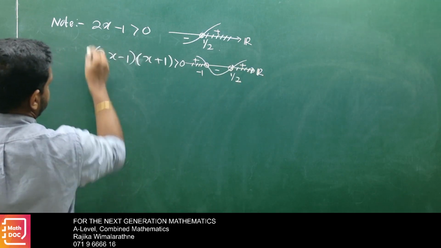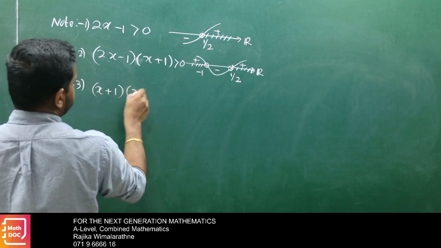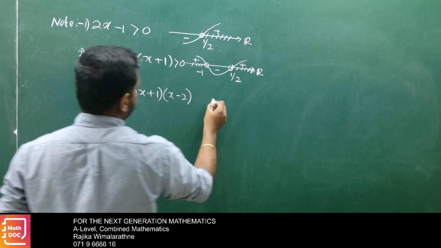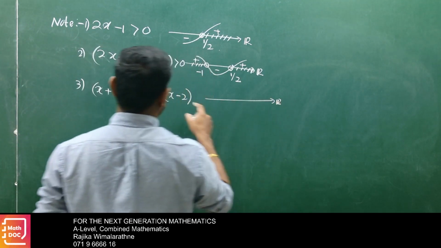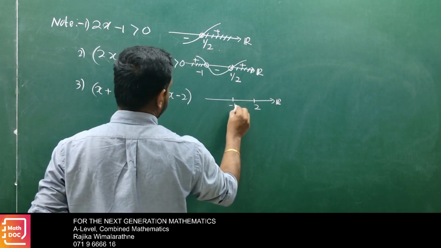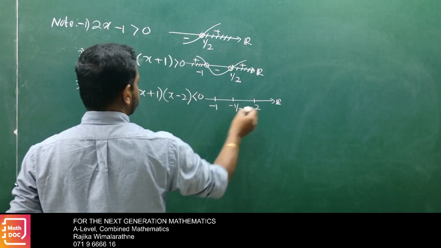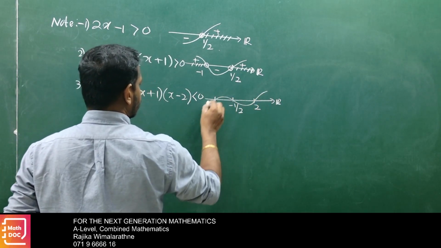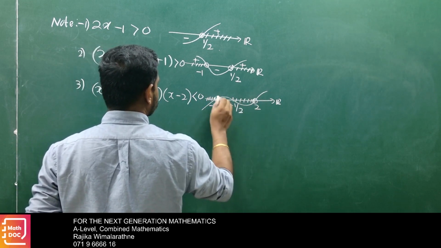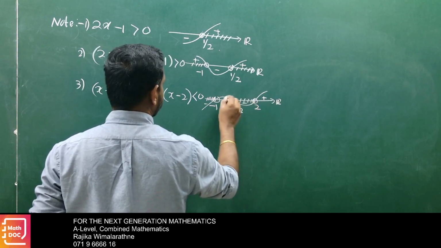Then here 1, 2, 3: x plus 1, 2x plus 1, x minus 2. Real number line, here 0 value 2, here 0 value minus half, and here 0 value minus 1, less than 0. We know the technique, no? You select negative regions. Positive, positive, negative, negative.